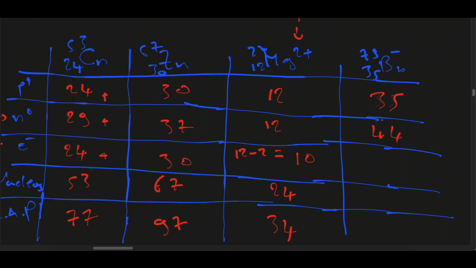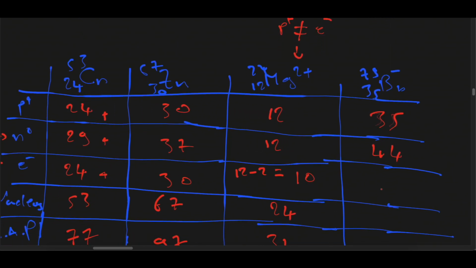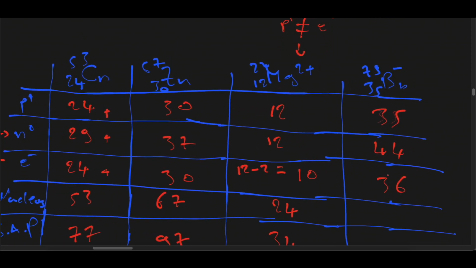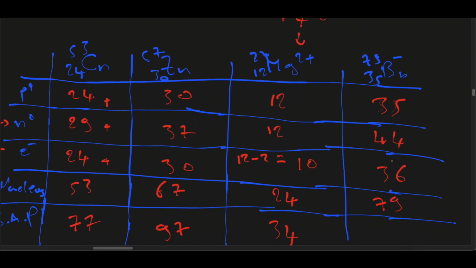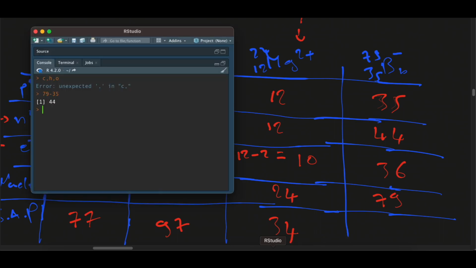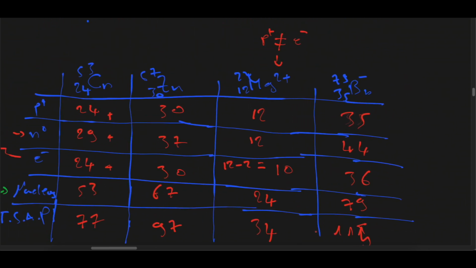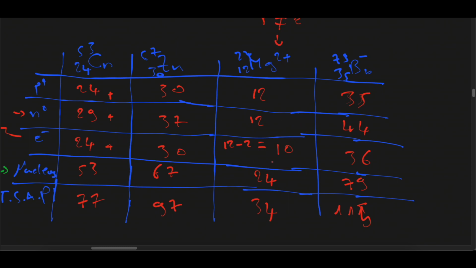The number of electrons, because here it is a charged species, an ion, and so one electron has been added to the bromine, gives a number of 36. The number of nucleons is 79, and we have to sum all these numbers. So we have here 35 plus 44 plus 36, which gives a total number of subatomic particles of 115. So that's the answer for this example.